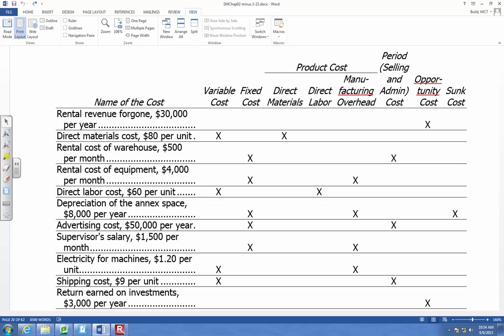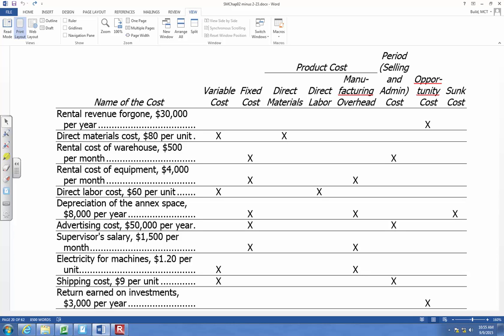For our purposes right now, let's just think of our fixed costs as pretty solid over the relevant range until our volume gets, once that equipment's at capacity, what are we going to have to do? We're going to have to go get another piece of equipment, right? All right.